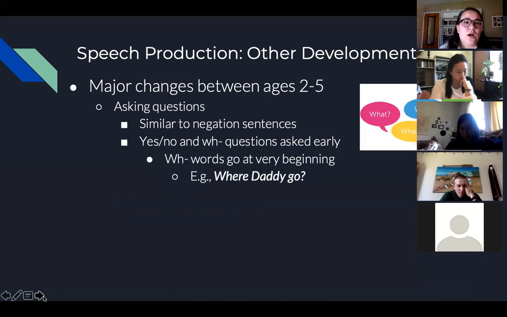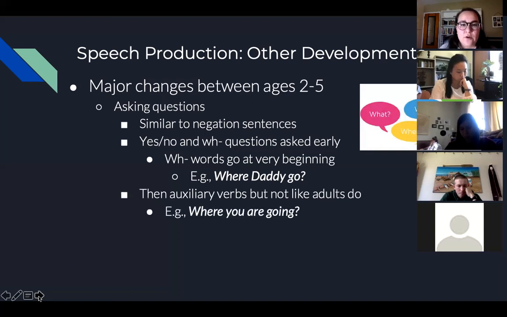And so, generally, as they are learning this ability, the WH words will go at the very beginning of the sentence. Where daddy go? What that? And then they start to include those helping verbs, those auxiliary verbs, but not in the way that adults do.